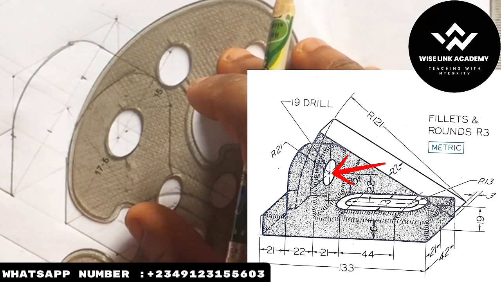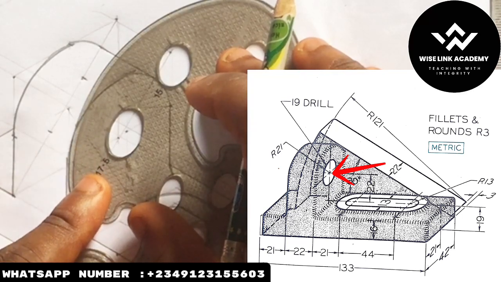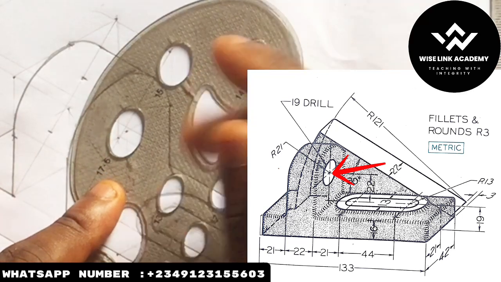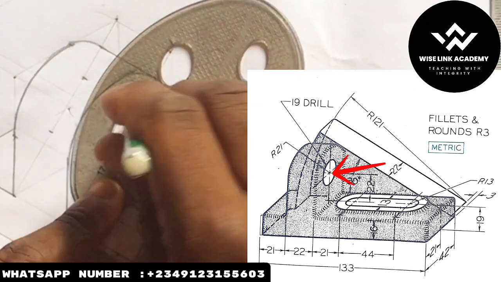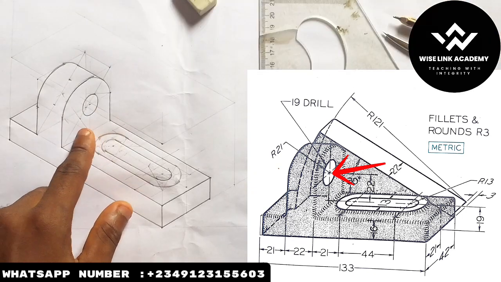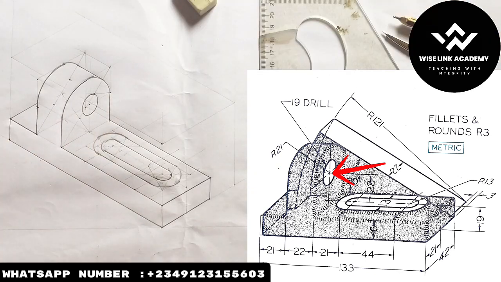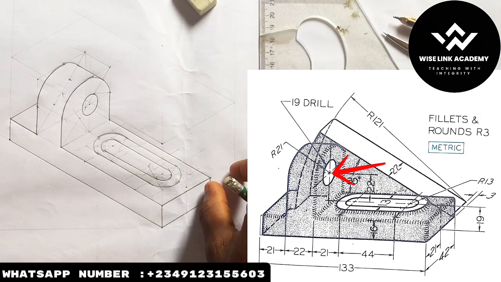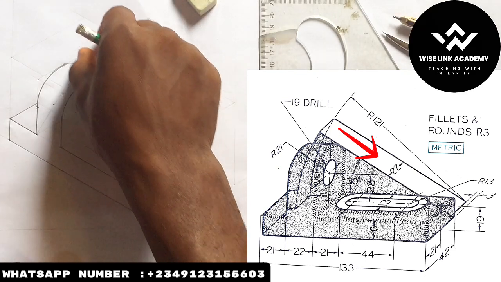So I have this. So this is what we're having. Instead of wasting my time constructing, I'll just use my French curve that way and get that circle there.